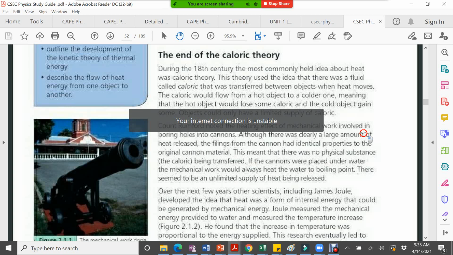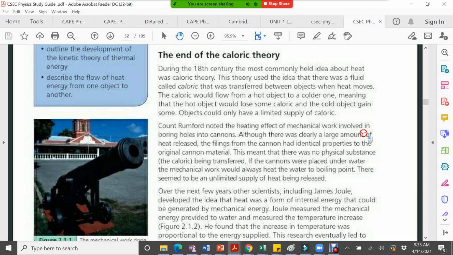This theory used the idea that there was a fluid called caloric that was transferred between objects when heat moves. It says that the caloric would flow from a hotter object to a colder one, meaning the hotter object would lose some caloric and the colder object gain some. It says objects could only have a limited supply of caloric.